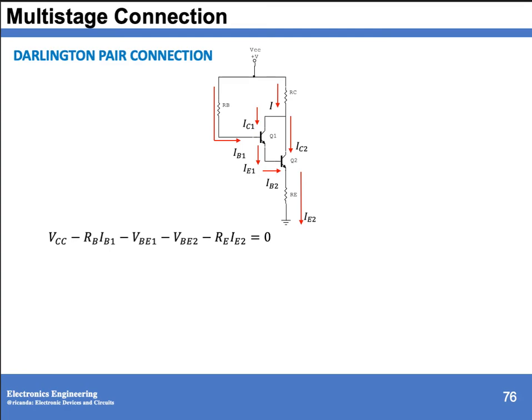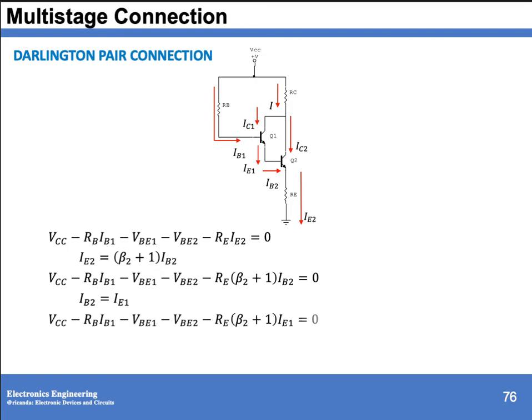If we express IE2 in terms of IB2, that is beta 2 plus 1 IB2. So the equation will now be equivalent to VCC minus RB IB1 minus voltage base emitter 1 minus voltage base emitter 2 minus RE times beta 2 plus 1 IB2. But IB2 is equal to IE1. So this is now our equation if we substitute IB2 as IE1.